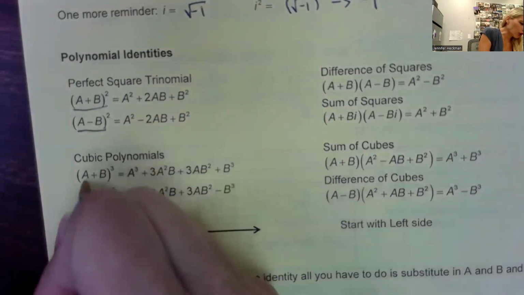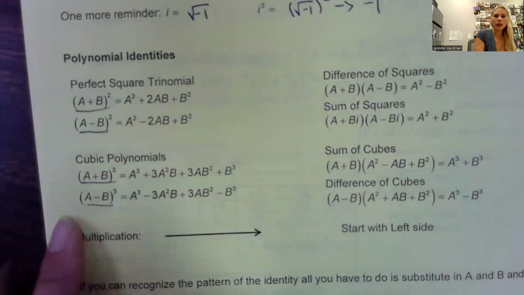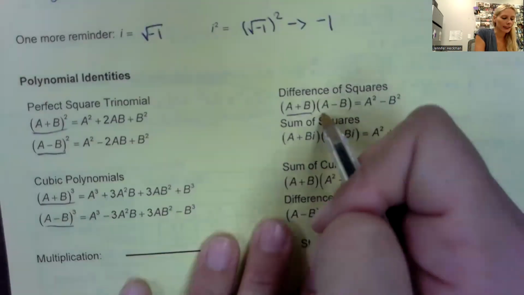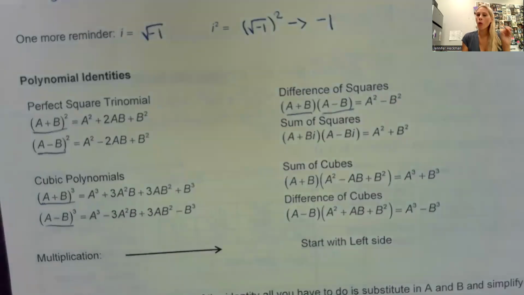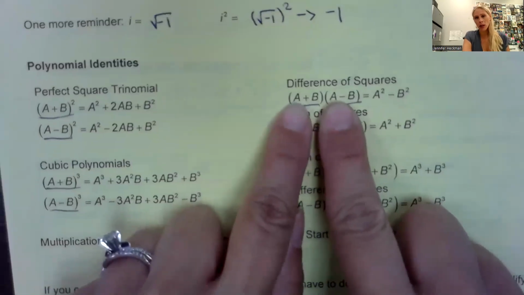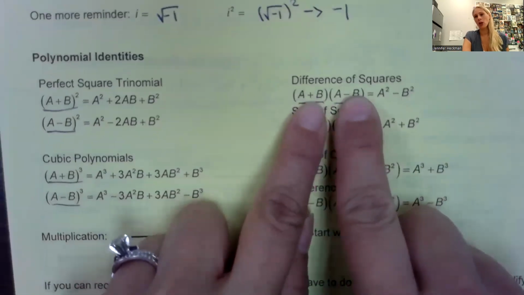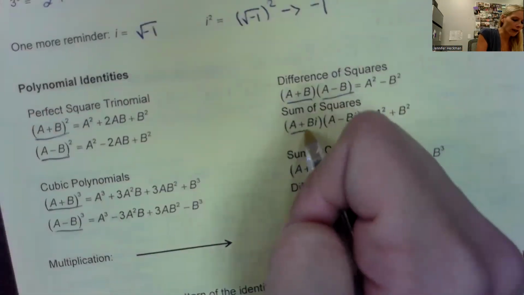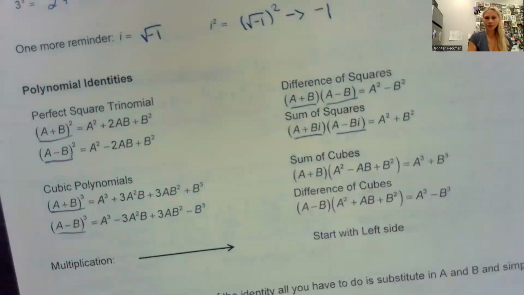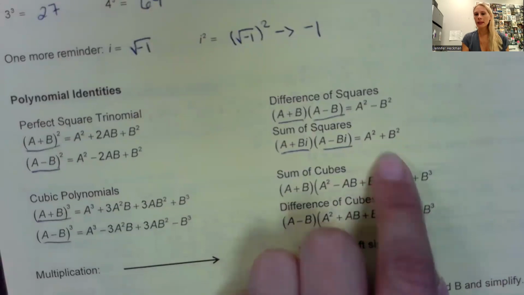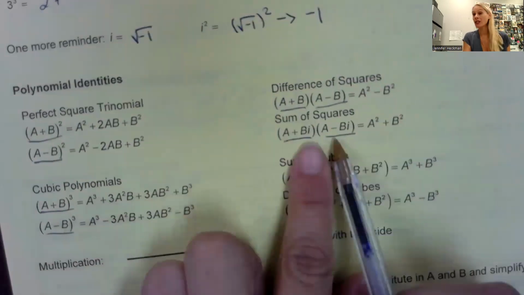Then we have our cubic, where we're cubing. We have our difference of squares. We see that it's a difference of squares because we have one adding and one subtracting. But as you can see, the term a is still the same in both, and the term b is still the same in both, okay? Now, the sum of squares, this is where an imaginary might come out, and it ends up coming out to a squared plus b squared. That's where we have to square that i.